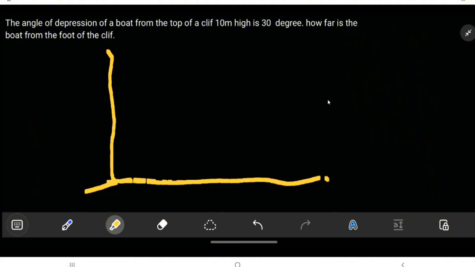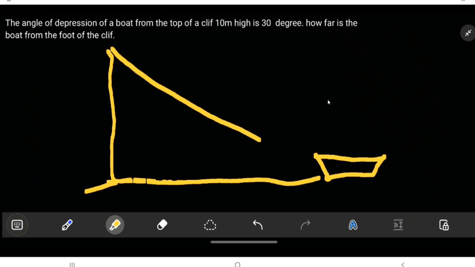Let's assume this is the boat. Now this is the angle of depression of the boat from the top of the cliff.